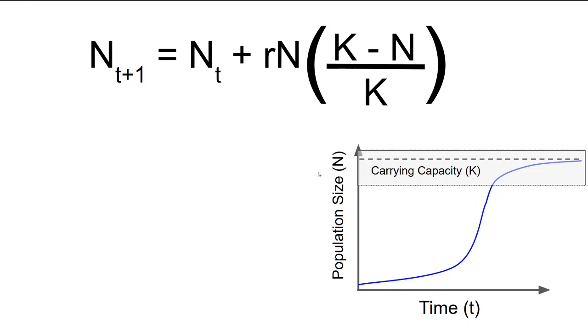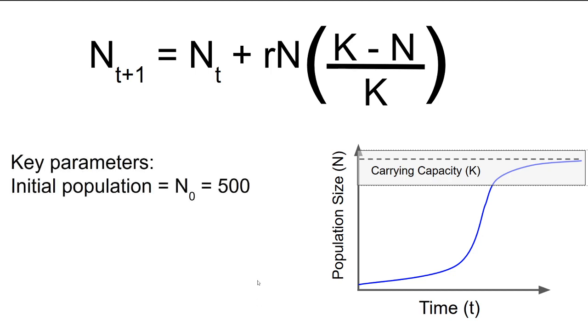And then we're adding to that the number in that population multiplied by the intrinsic population growth rate, and then multiplied by a density-dependent term that essentially puts the brakes on the population as they get closer and closer to carrying capacity.